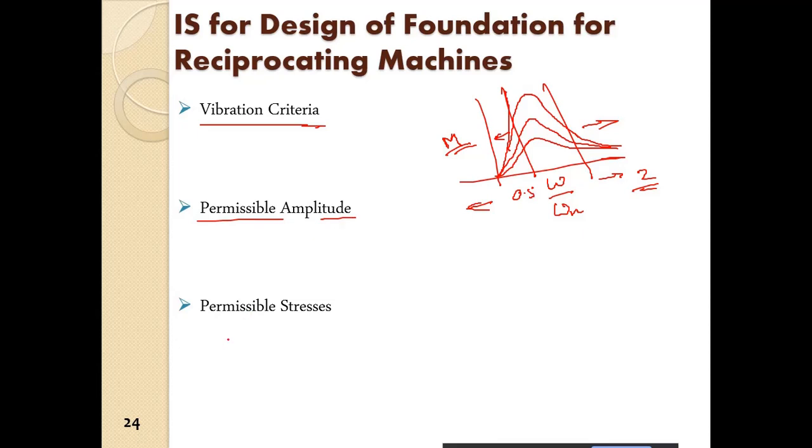That we have already discussed in the previous classes. And the permissible stresses. We have discussed as in concrete, there will be steel, then there will be wood, then there will be the vibration absorbing materials.